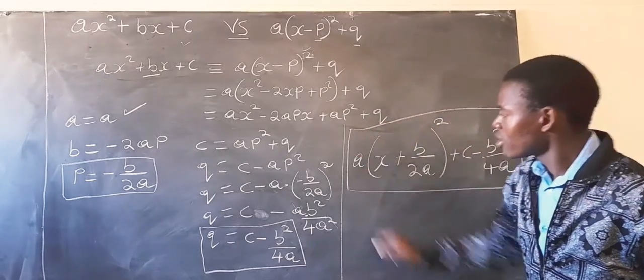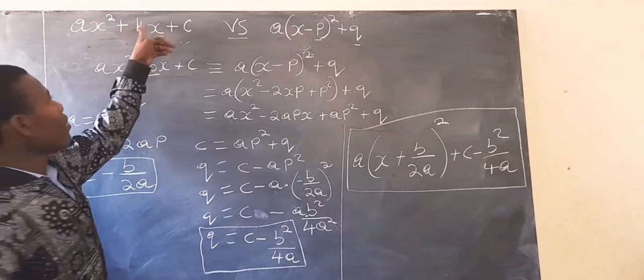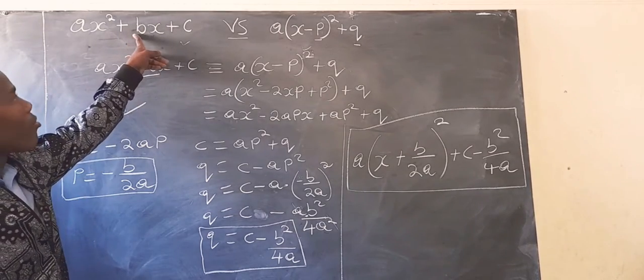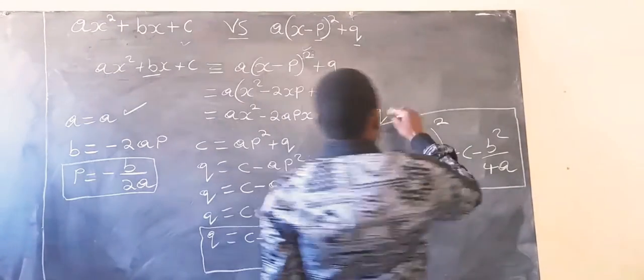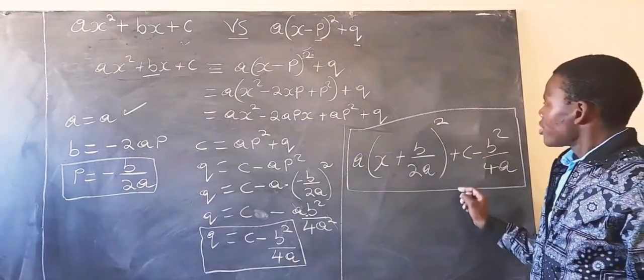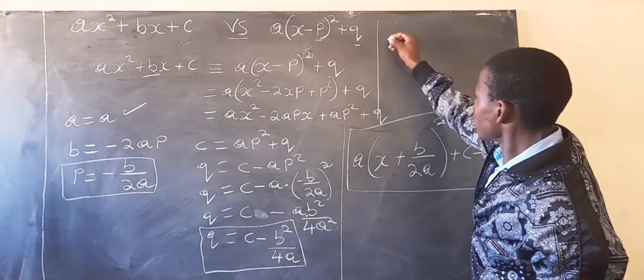So you can use this formula now when you are given a function in this form and you are to write it in vertex form. So let's say you have just a general question.